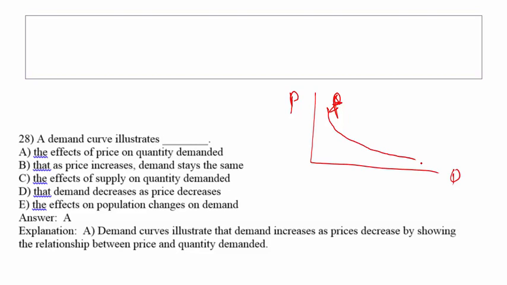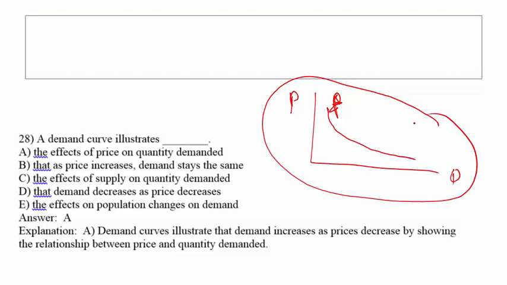If I were to just show you this and ask you what type of curve that was, would you be able to tell me that's a demand curve? If I show you something like this, you should be able to tell me that this is a supply curve, right?